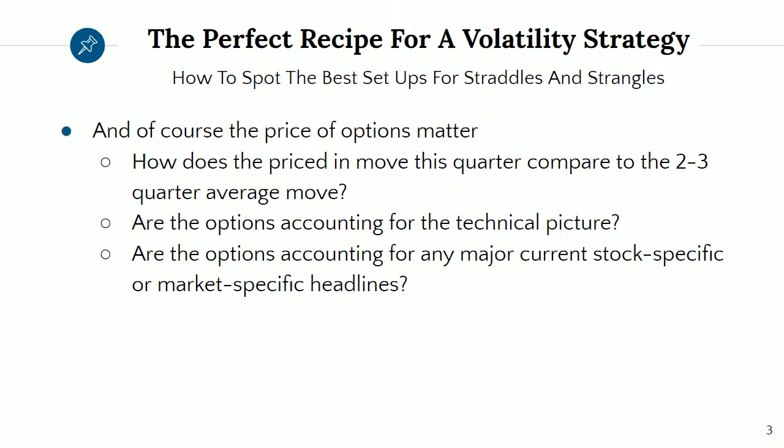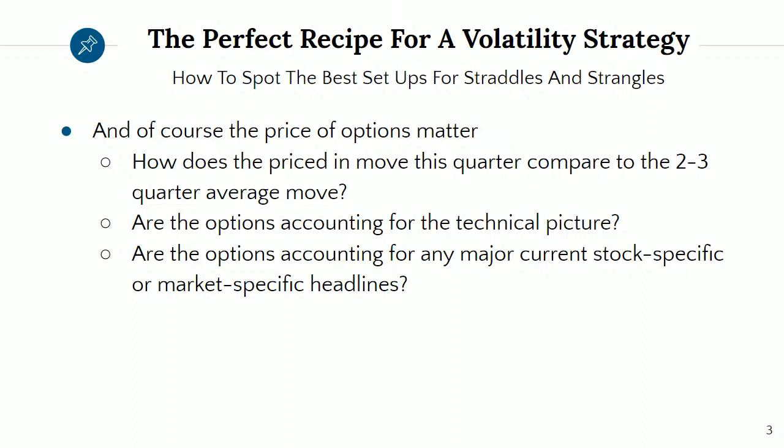Are those options pricing in the fact that maybe a stock has been in a 3-month consolidation and is due for a bigger move once it finally breaks out? Or are those options factoring in that the stock is hanging above 2-year support and a significant breakdown could trigger a much greater fall?